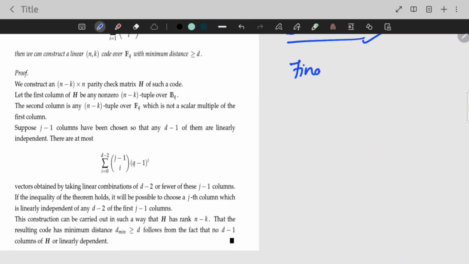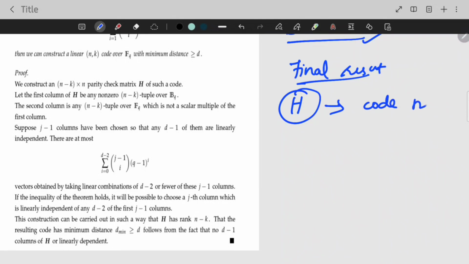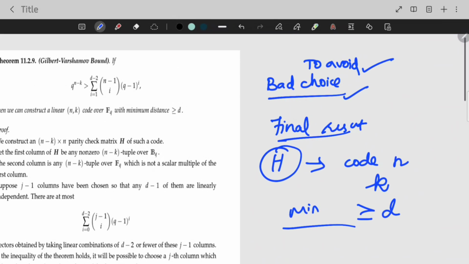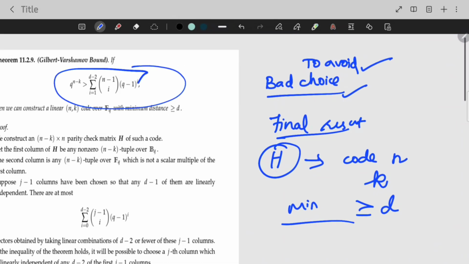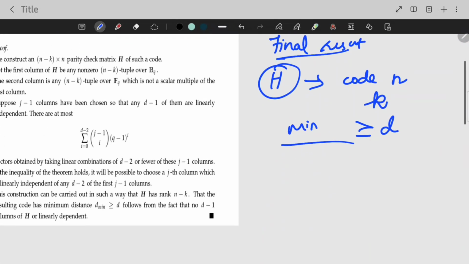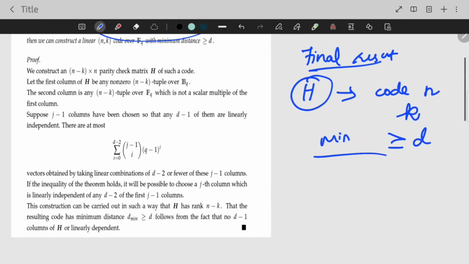So the final result is this construction of the parity check matrix guarantees a code of length n, dimension k and minimum distance at least d. So if the inequality in the theorem is satisfied, such a code must exist.